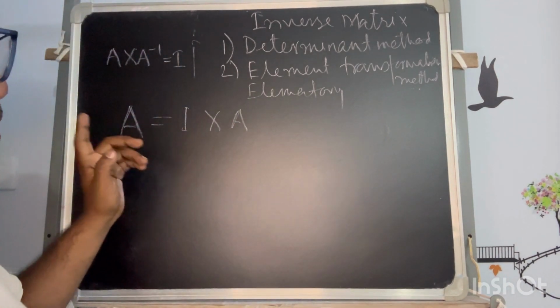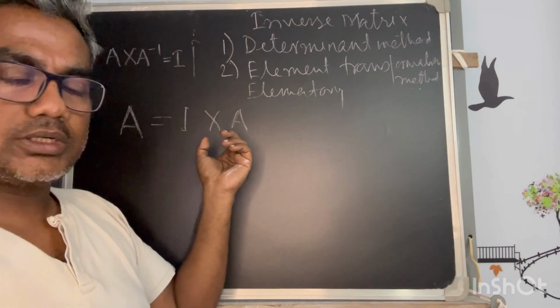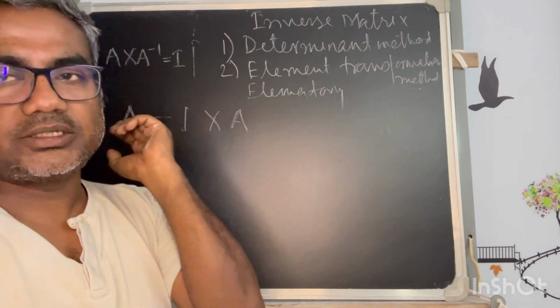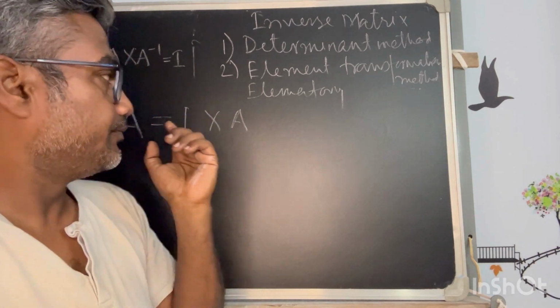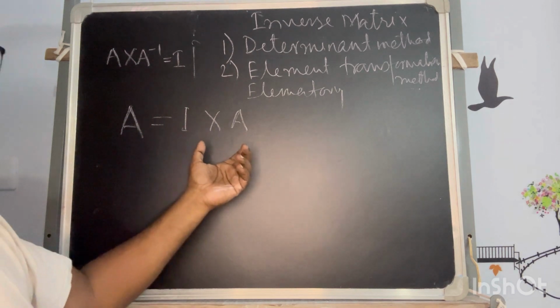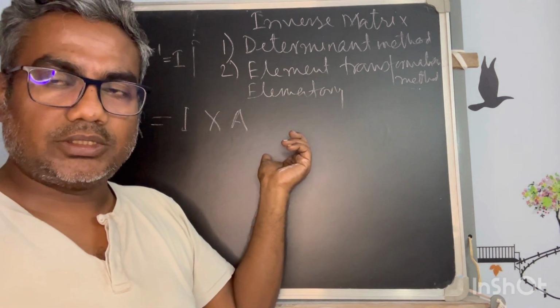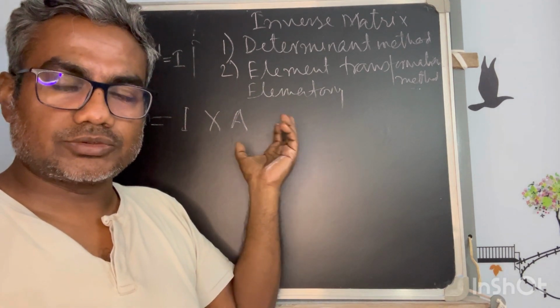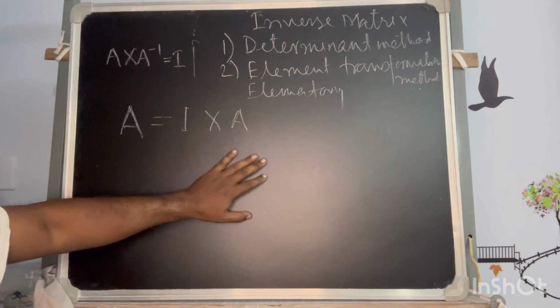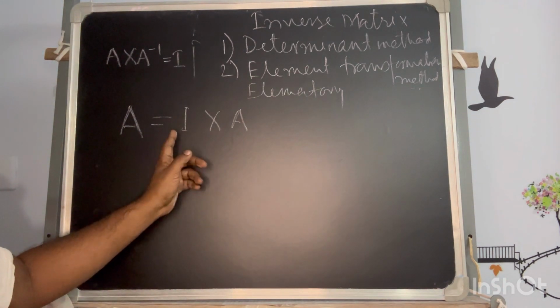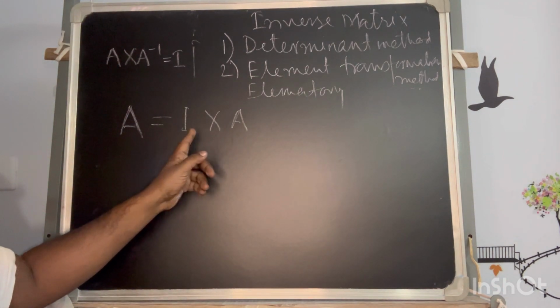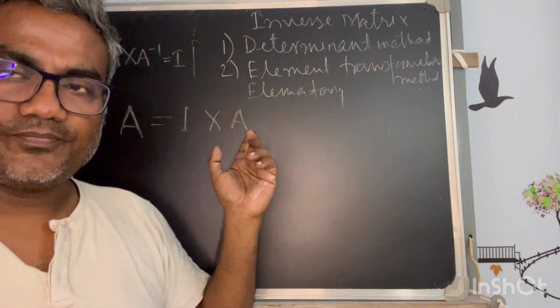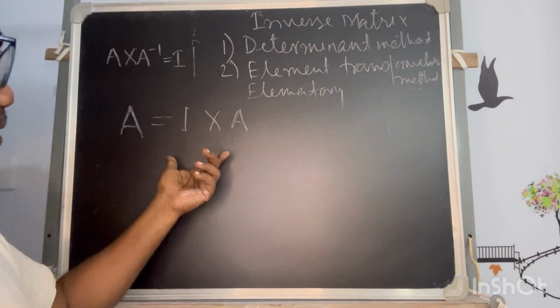This is one condition. Another condition is that the matrix is a square matrix. Whatever I am showing has to be a square matrix, and the order of the unit matrix and this matrix has to be the same. Then only I can get it.